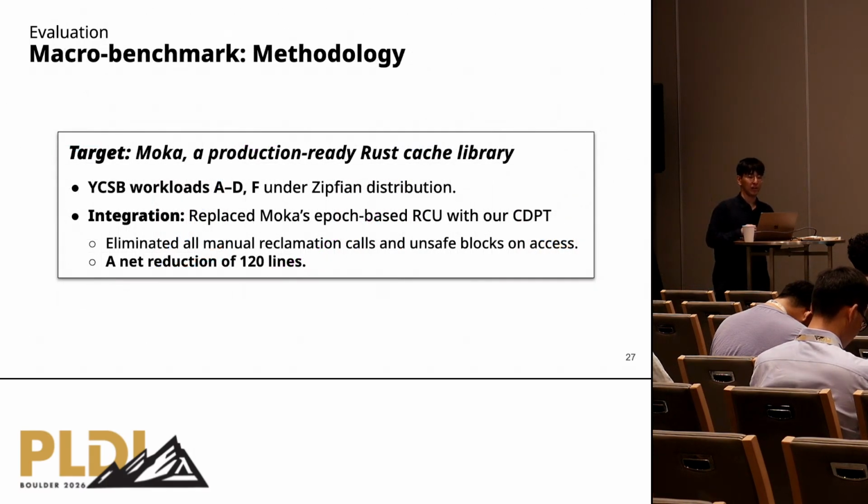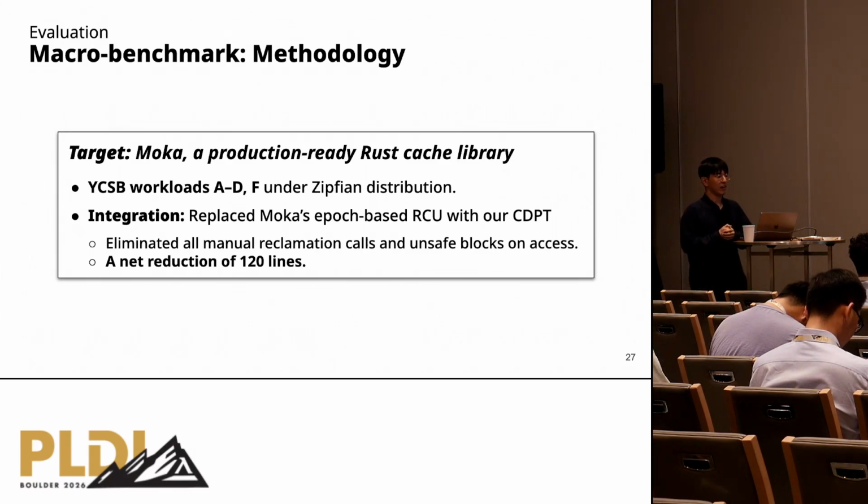Finally, to show this holds beyond a micro benchmark, we turned to Mocha, a production-ready Rust cache library. We ran the YCSB benchmark, and we replaced Mocha's handwritten epoch-based reclamation with our CDPT algorithm. That removed every manual reclamation call and unsafe access block, a net reduction of 120 lines.